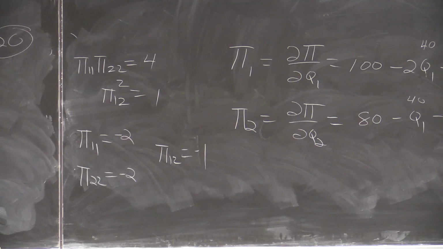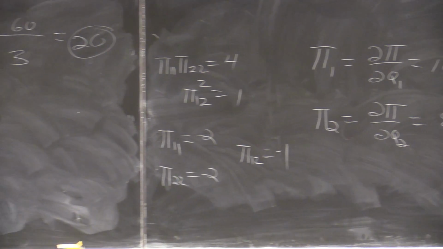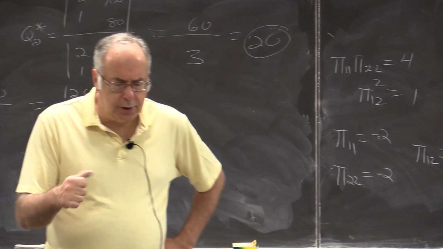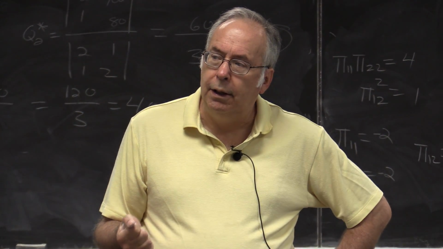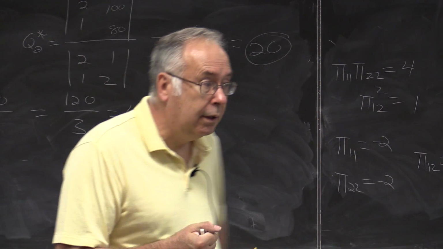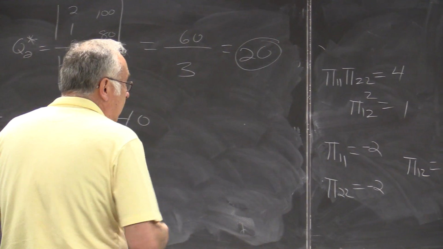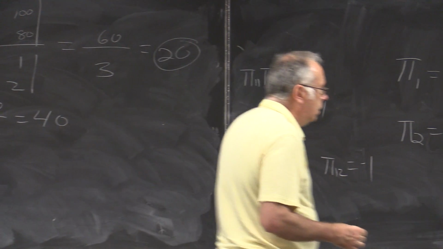In other words, if you look at this profit function, the surface in 3 dimensions, it looks like a hill. On the top of the hill, the maximum profit occurs right here.